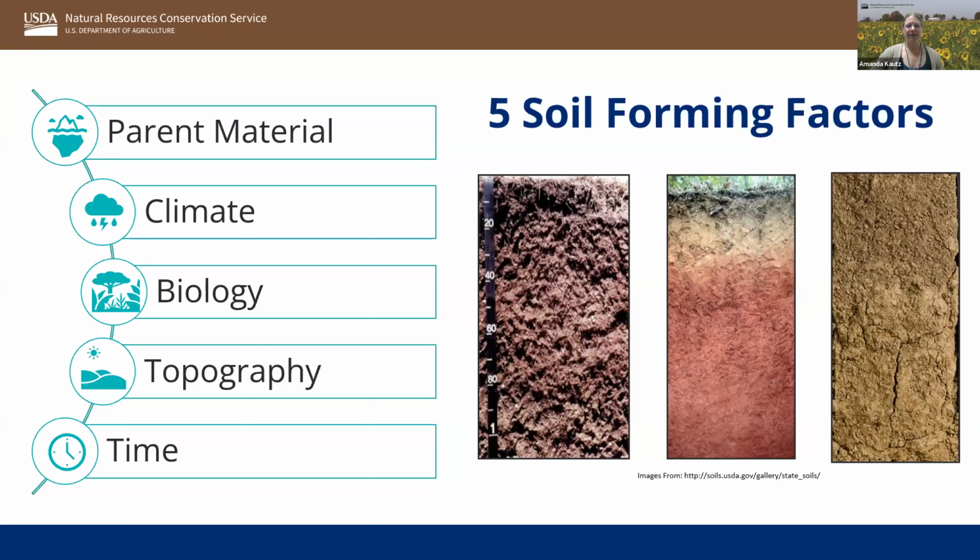And topography: slope, the direction that the hill is facing, whether you're going to get more sun or less sun, warmer or cooler. The elevation: if you're up in the mountains, it's going to be really different than if you're down in a valley somewhere, or when you're in the Midwest versus being in Florida at sea level. All of that is going to be very, very different. And then time. Obviously, the longer time you have to process something, the deeper and more soil you're going to get. So all of those things play in.